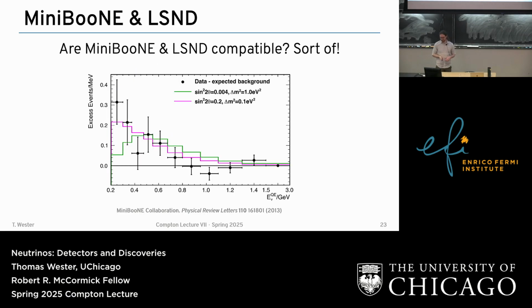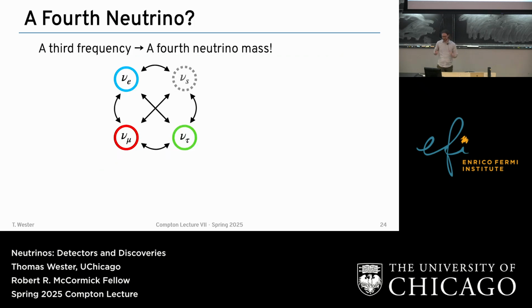And these frequencies that were chosen are pretty compatible with the LSND ones. In particular, this pink line is showing the 0.1 eV² value of the oscillation frequency, which again is 100 times higher than what's observed by T2K and the reactor neutrino experiments. So this is really exciting. Maybe evidence of a fourth neutrino.